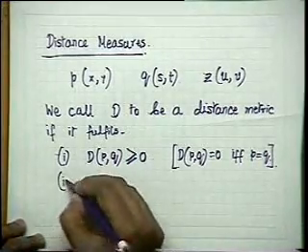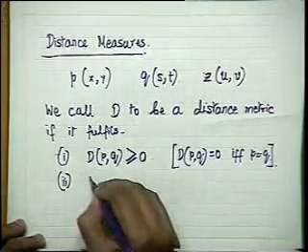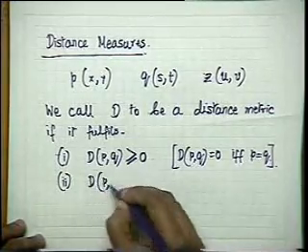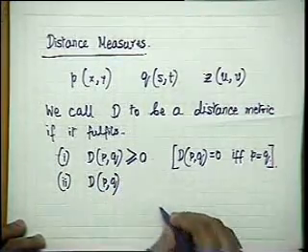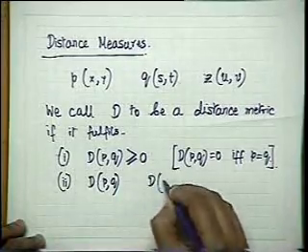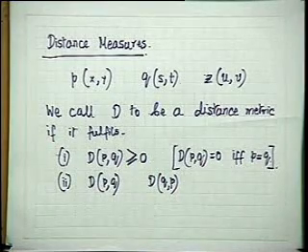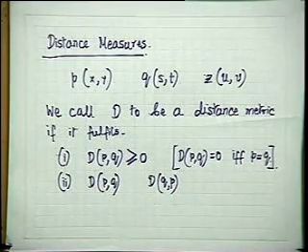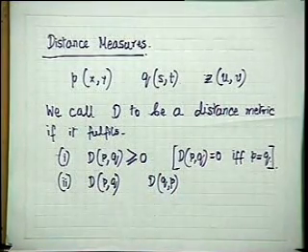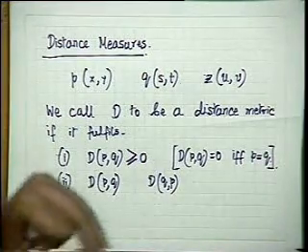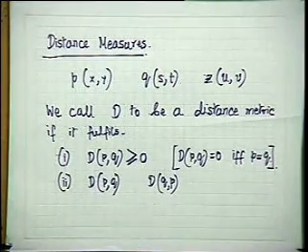Then the second property is that D of PQ and D of QP, how should they be related? They should be equal, because whether I am taking the distance from P to Q or from Q to P, it should be one and the same.